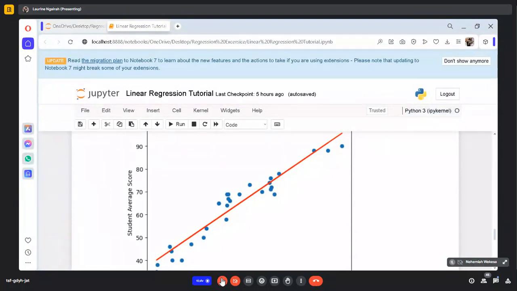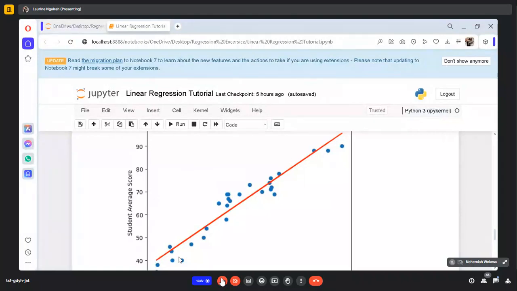What I'm trying to say is that when Laureen called the linear regression model .fit, LM.fit, what was happening on the back end is the model was trying to fit some values which, when inserted on our scatter plot, those points will always have less distance from the data that we have.